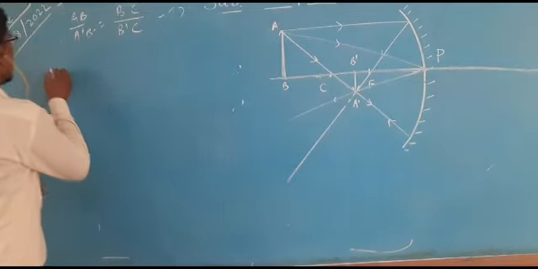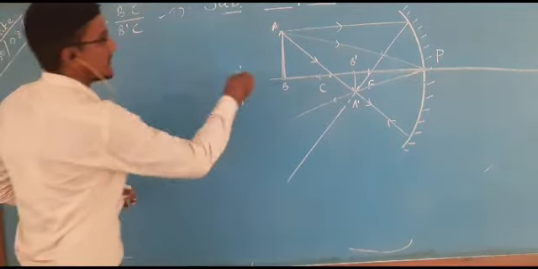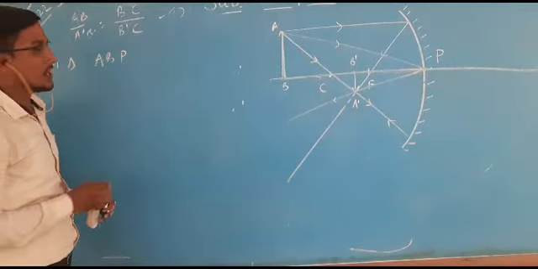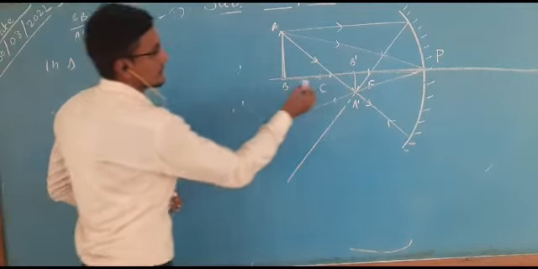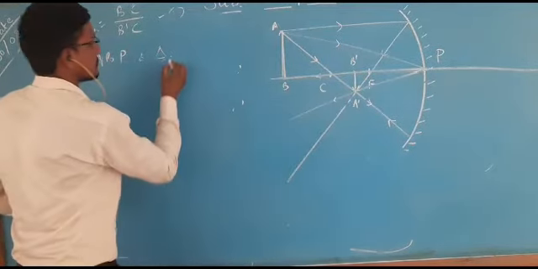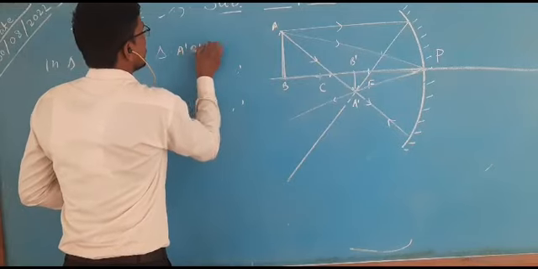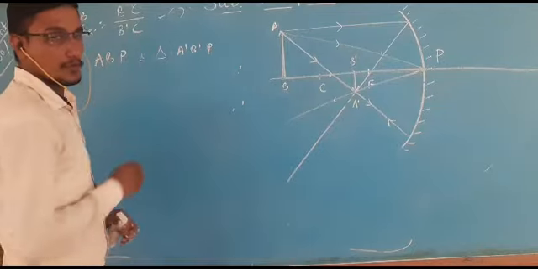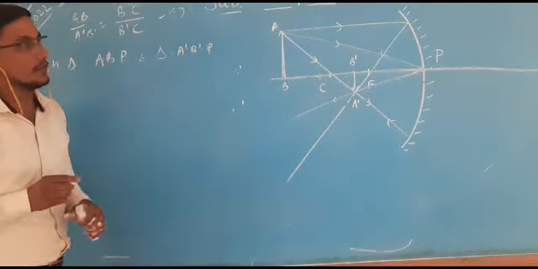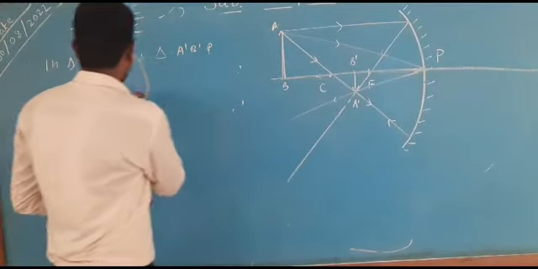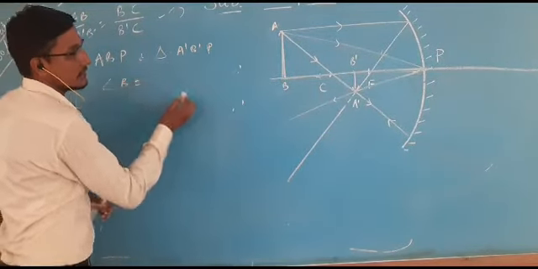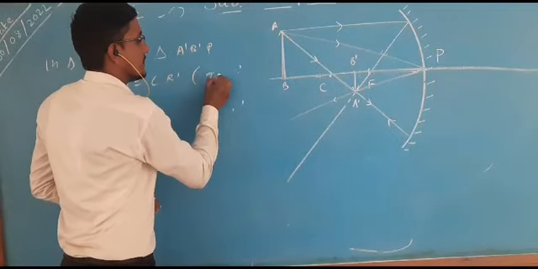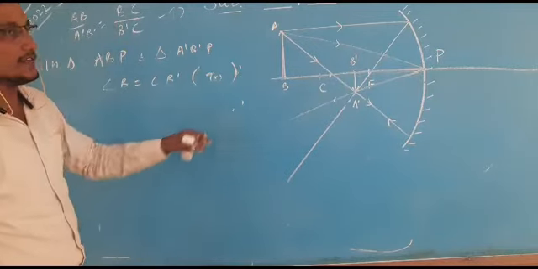Now we can say that triangle ABP and triangle A dash B dash B are also similar, because angle B is equal to angle B dash, as this angle is 90 degrees.